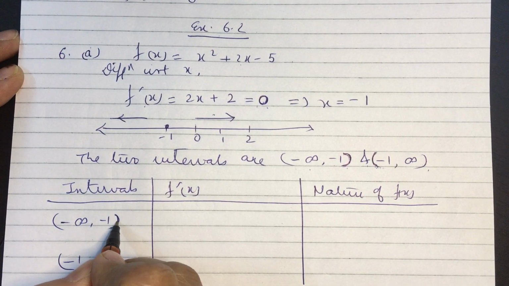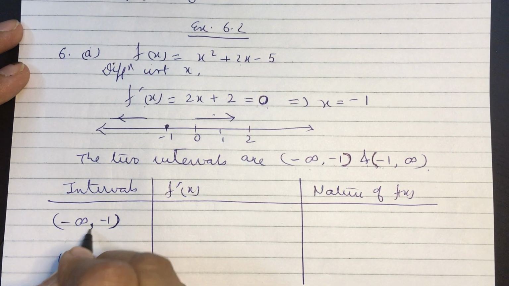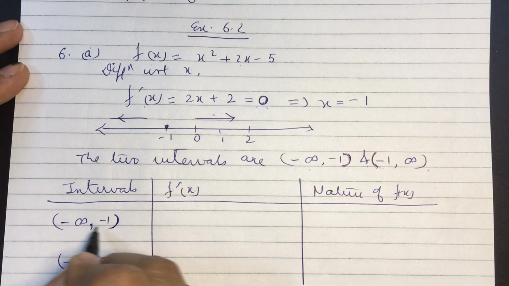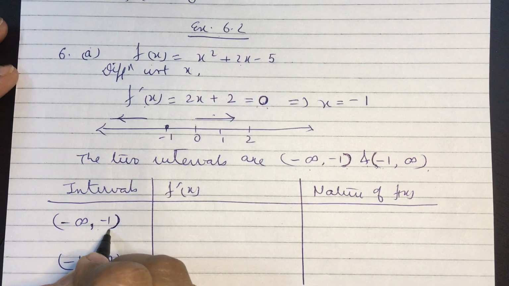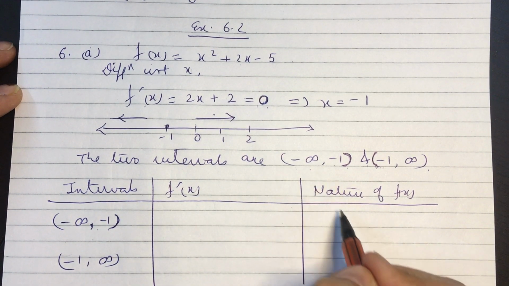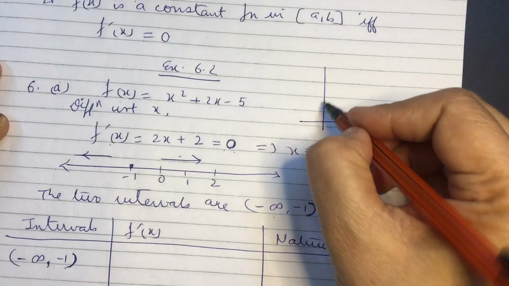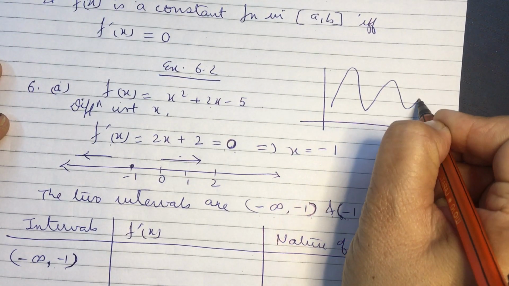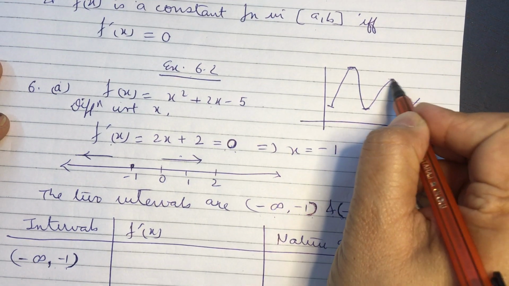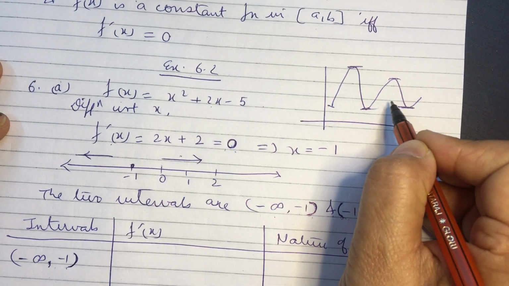Now here one more thing, as we have already studied in the previous video, a function will maintain its nature in one particular interval, meaning it will go from increasing to decreasing and so on. If it's a continuous function, it will be somewhat like this. So if you can see, at the point where the function is changing direction, the derivative is 0.